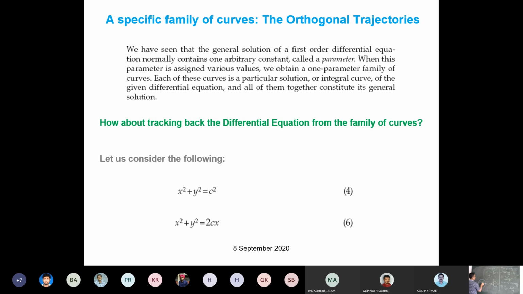Fine. Okay, I'll just keep the differential equation.